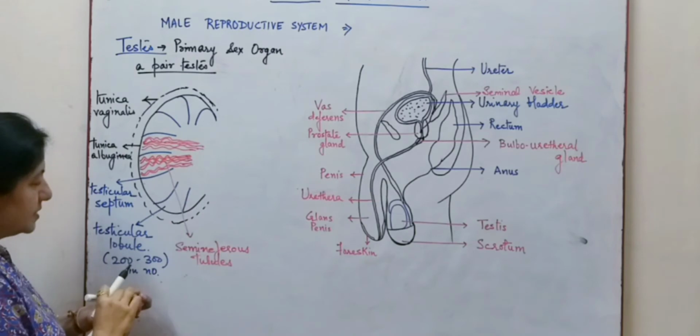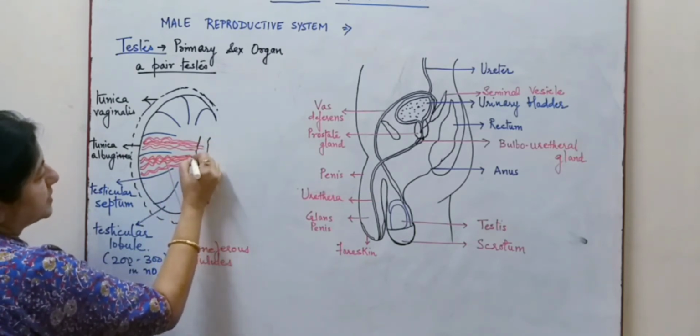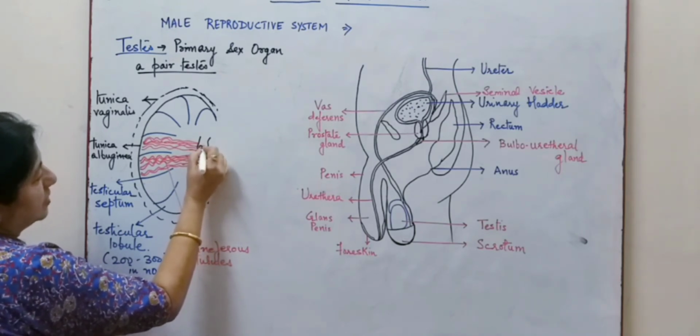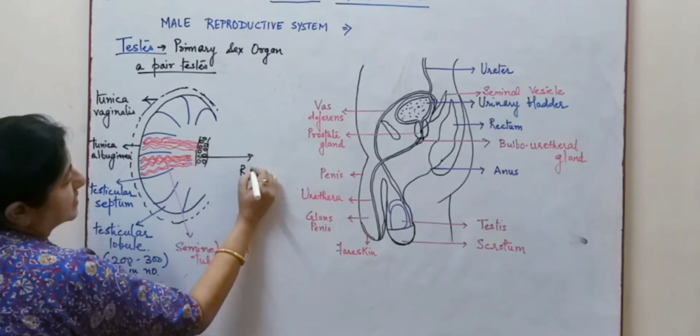All of these join together and open up into a comparatively straight structure, known as the rete testis.